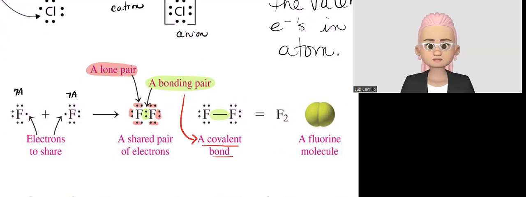And lone pairs are specifically unshared pairs of electrons. So those electrons pertain to each fluorine atom.